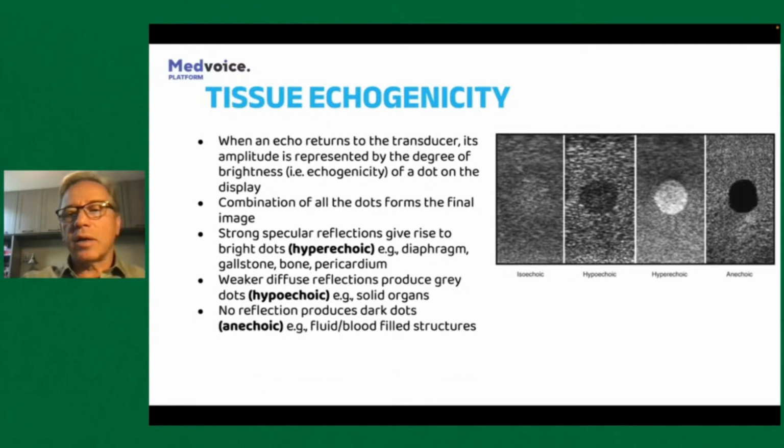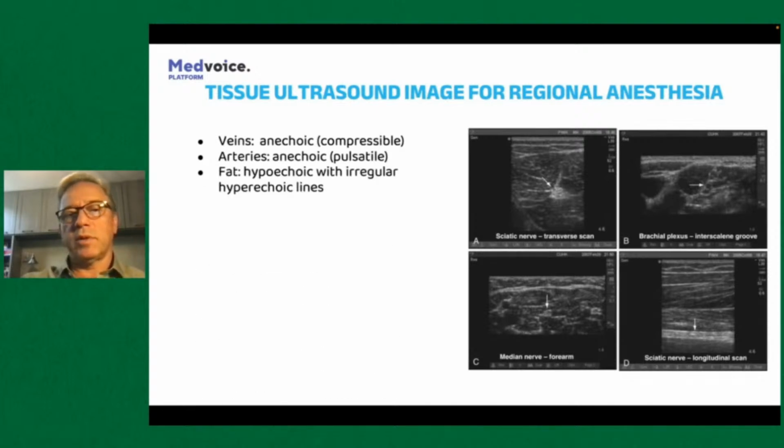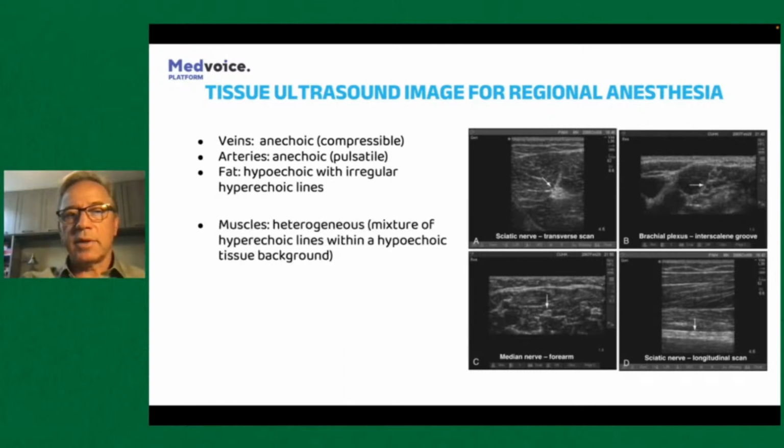Anechoic is all fluid-filled structures. Anechoic is completely black. If you see something black, this is normally a vessel. Different tissues: veins are anechoic but compressible. Arteries are again anechoic, black, but pulsatile. That's how we distinguish between the two. Fat is hypoechoic with irregular hyperechoic lines within it.